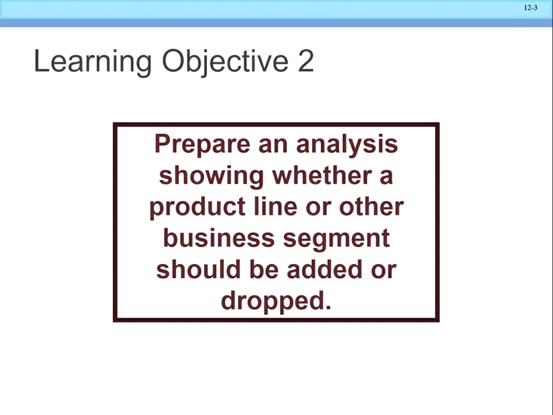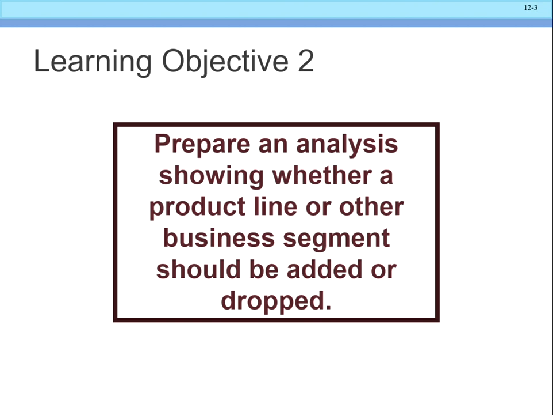Here we need to understand how costs behave, especially fixed costs, because certain fixed costs won't disappear by closing a division, and those fixed costs are going to be reassigned to the remaining business segments if the one we have considered closing has been closed.